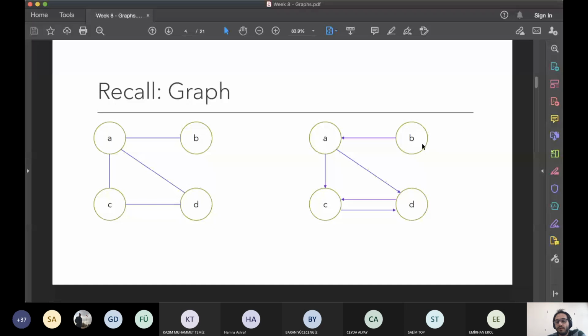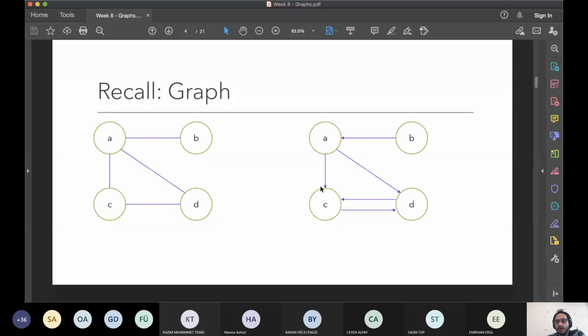So we cannot go to B from A, right? Because the arrow shows the direction, and it says that we can only go to A from B, not vice versa. And this is also the two-way case. There can be two edges to show that it's a two-way connection.